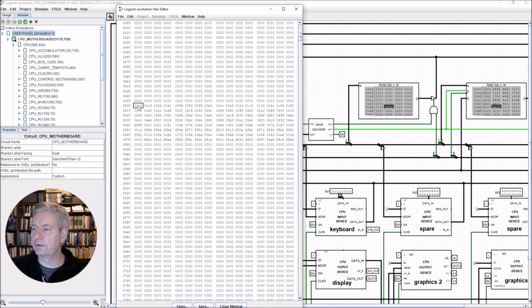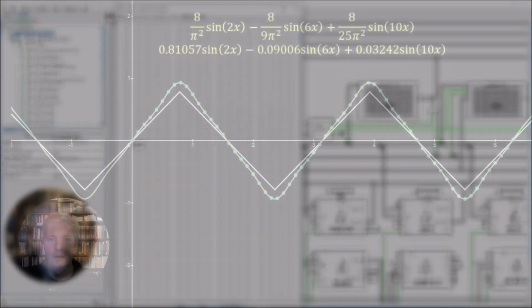So you can see here that we have the initial input values here, and that goes all the way up to the endpoint FF, and then the results start from this position here all the way along to the final position here, 0005. So let's take these values here, which are in our fixed point, and we will convert them into decimal and then plot them back onto the graphical calculator.